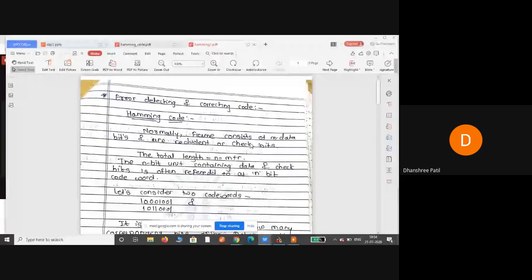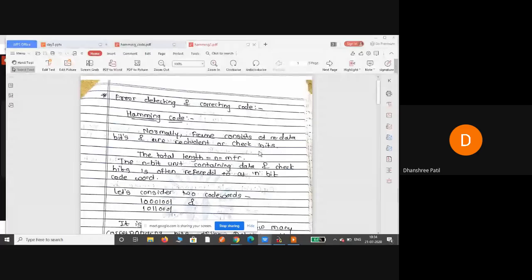Now the total size after adding these check bits in your original data will be the total frame. So Hamming code is a method used for error detection as well as correction. It adds some extra bits called parity bits or check bits, and the total frame will be the original data plus your check bits or parity bits.